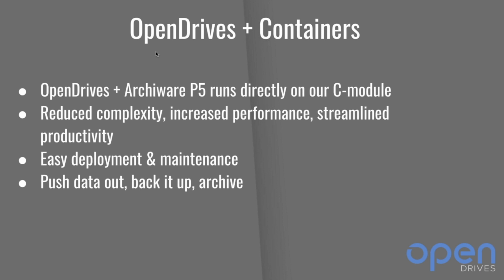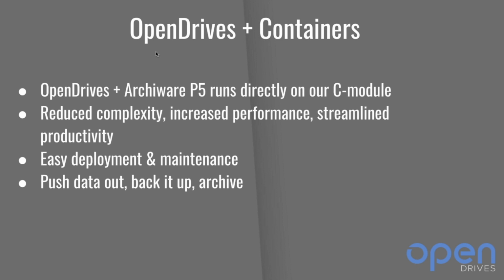So OpenDrives and Archiware: we containerized Archiware P5 to run directly on the storage. And this was a customer request, or kind of a customer request. We had a customer, CalArts, or California Institute of the Arts. They had run Archiware before, and moving to our platform, they didn't want to lose all the indexing.